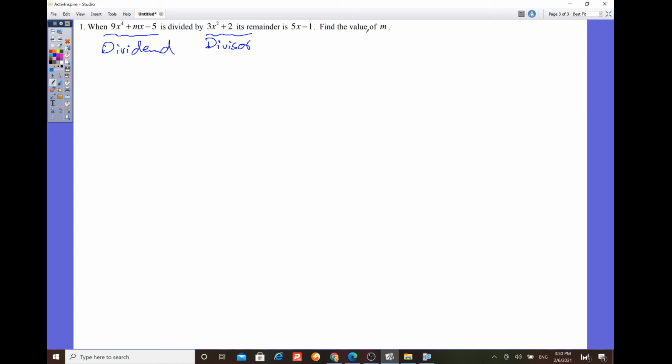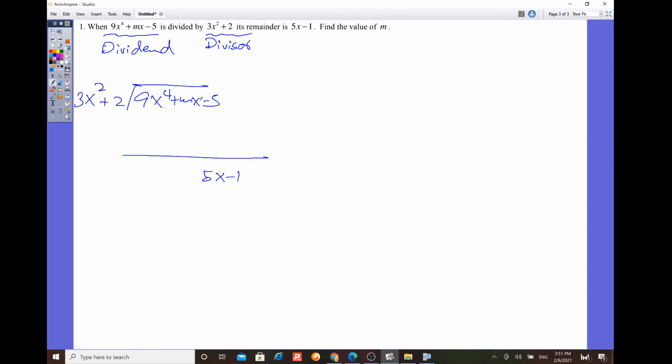So basically, this is saying that 9x to the 4th power plus mx minus 5 divided by 3x squared plus 2 has a final remainder of 5x minus 1. So we need to find the value of m. According to the format here, the quotient and the process are missing.